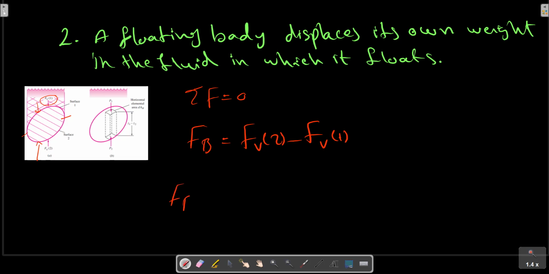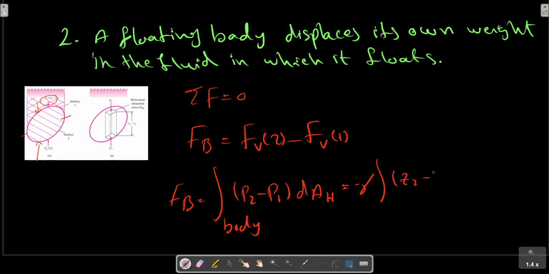So we can write FB equal to the integration of (P2 minus P1) dAh, equals minus gamma times the integration of (Z2 minus Z1) dAh, equals gamma multiplied by the body volume.